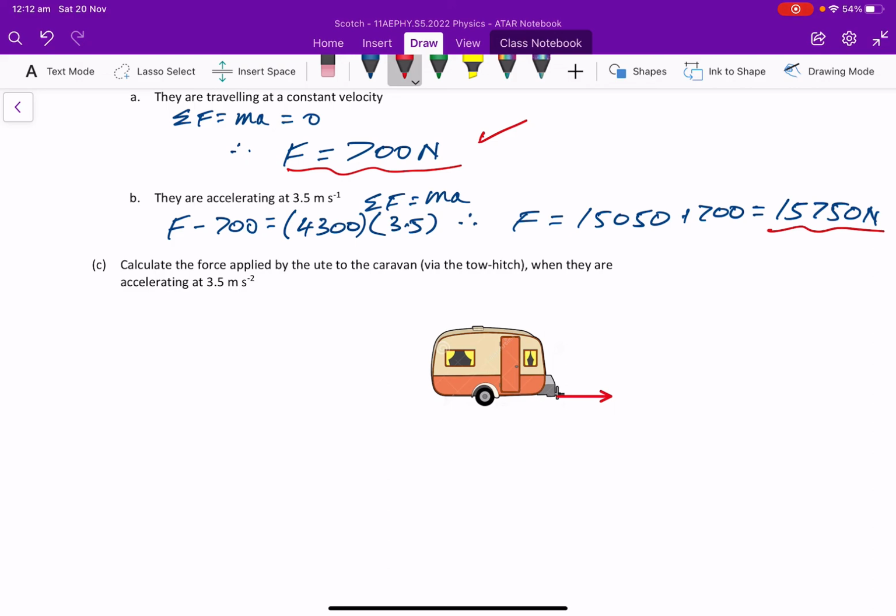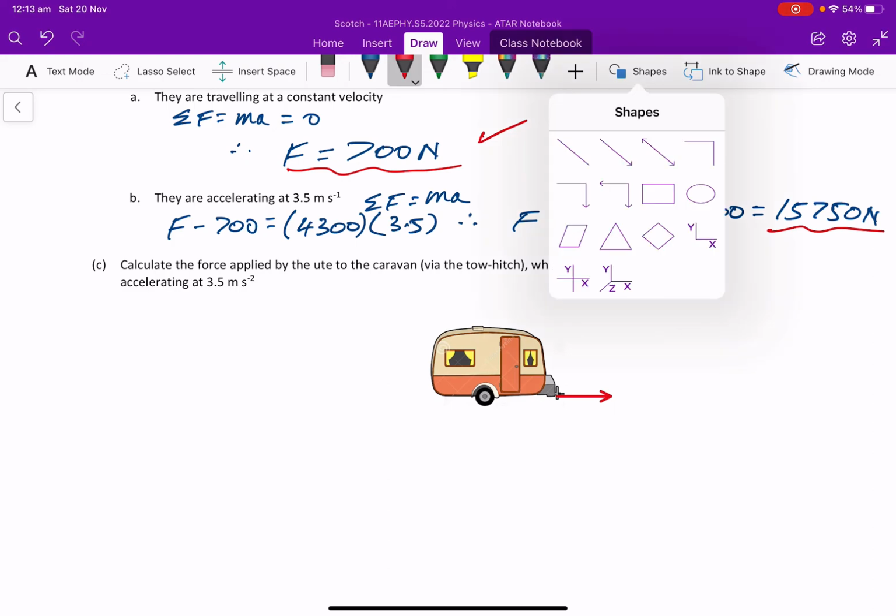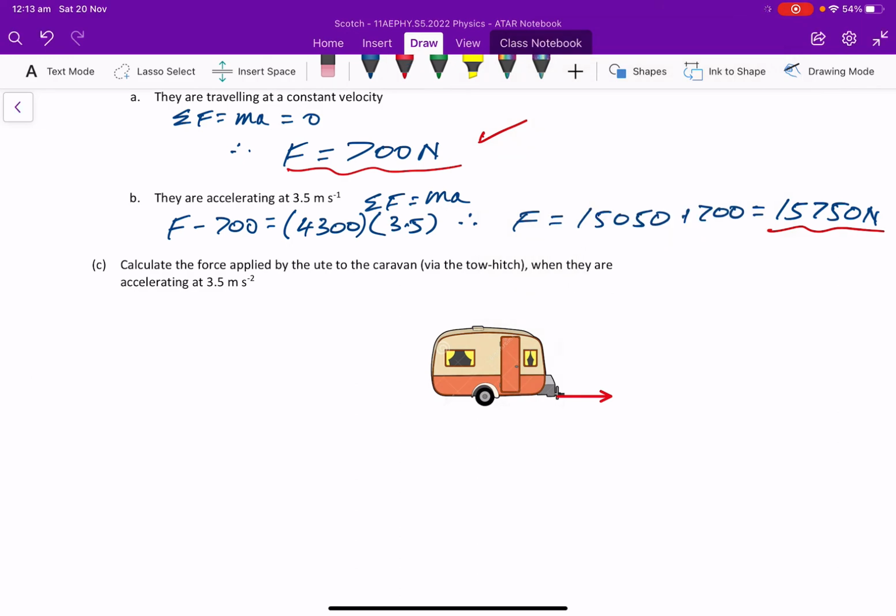Now that could be a rope if it was a car towing a car or whatever. And we've still got the force of friction pulling it back. And let's not forget that the system is accelerating that way at 3.5 meters per second squared.